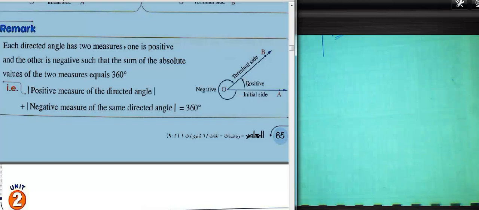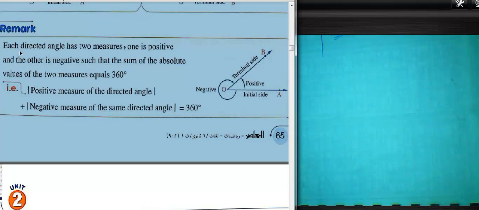The direction is positive, but the direction coming from OA to OB this way will be negative because it's coming clockwise. The absolute value of the positive measure of the directed angle plus the absolute value of the negative measure of the same directed angle equals 360.